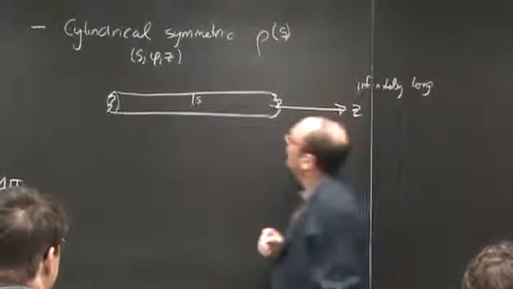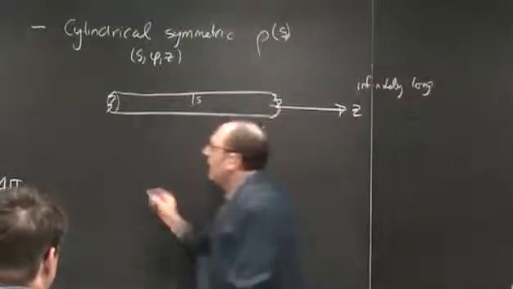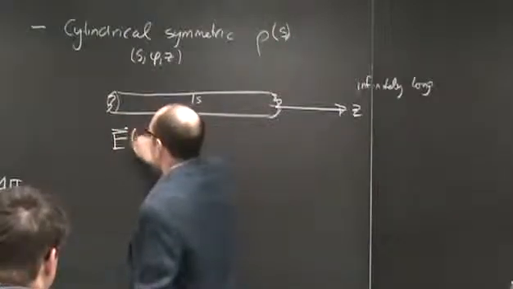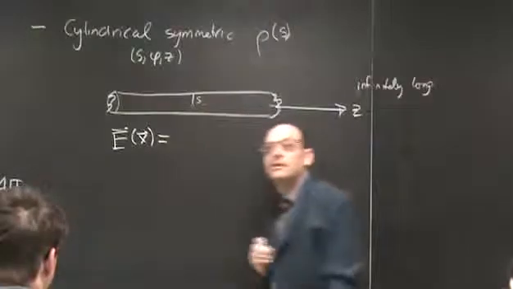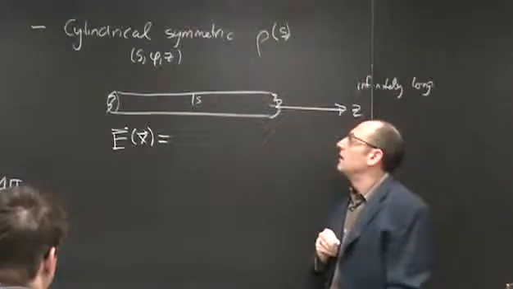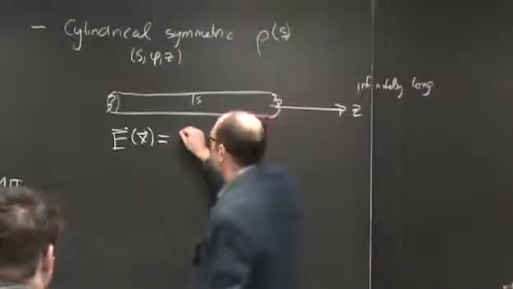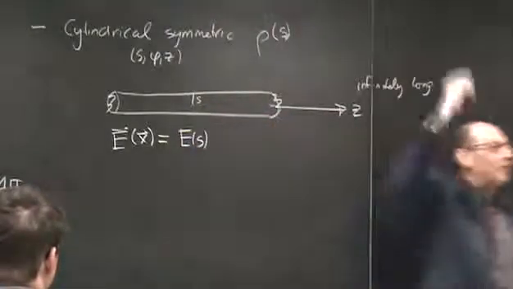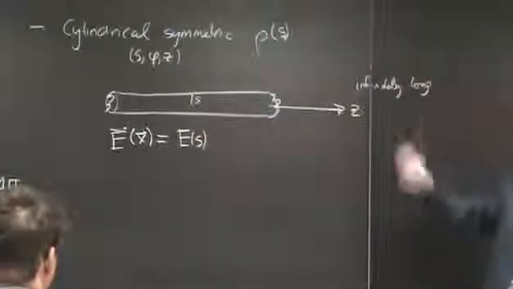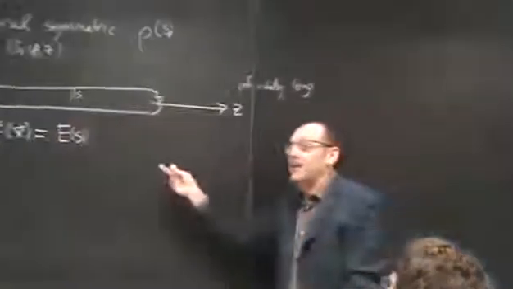So under the case that I have exact cylindrical symmetry, again, we know the form of the electric field. Firstly, its magnitude can only depend on this radial distance s. How would it know where it was in phi or z? There's no marker, so it can't do that.